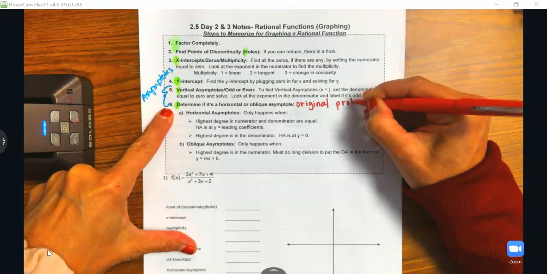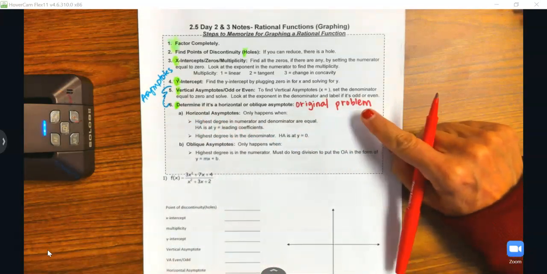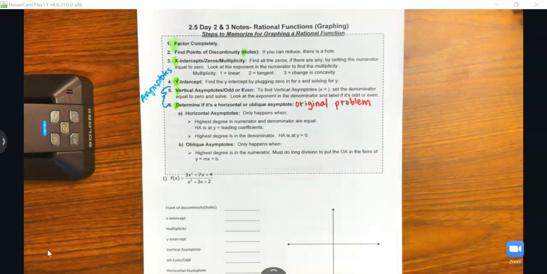Most of the time you look at the current line of work that you are working on. So sometimes some things are going to cancel out and what we are working with is going to look completely different than what we started with. But when we do the horizontal asymptote, we always look at the original printed problem on the paper.